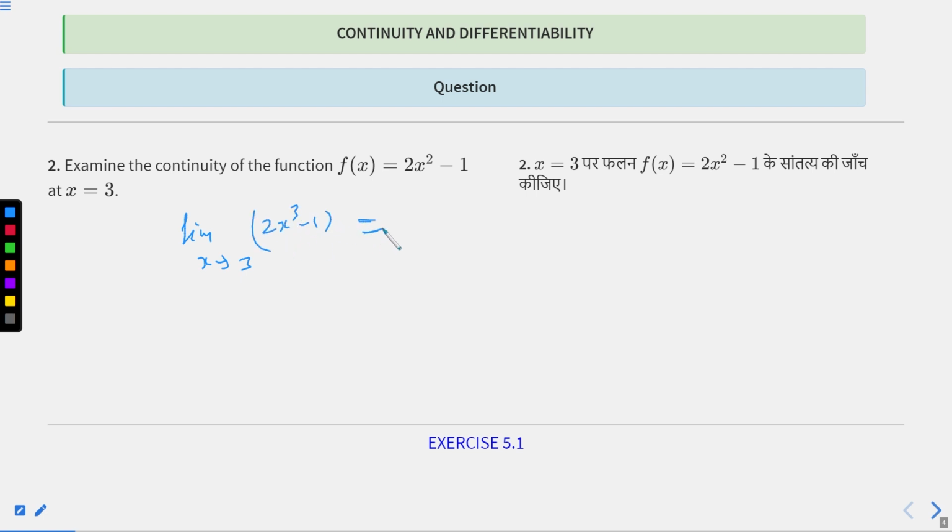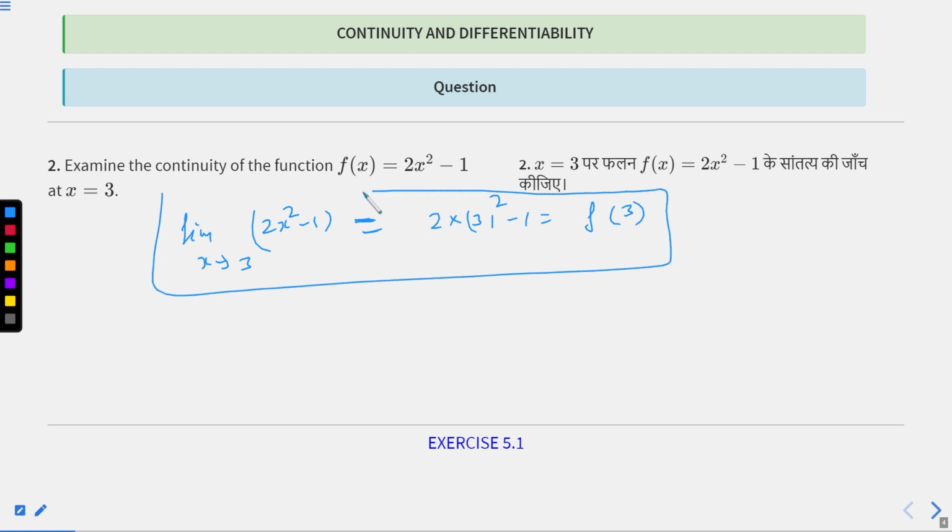This will be nothing but 2 times 3 cube minus 1, and this is the same as, sorry, 2 square. Okay, 2 square. This will be the same as f of 3. Yes, hence this is a continuous function.